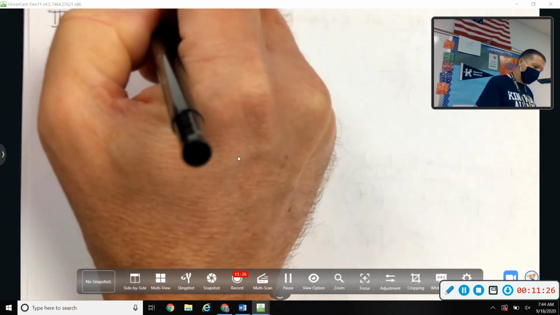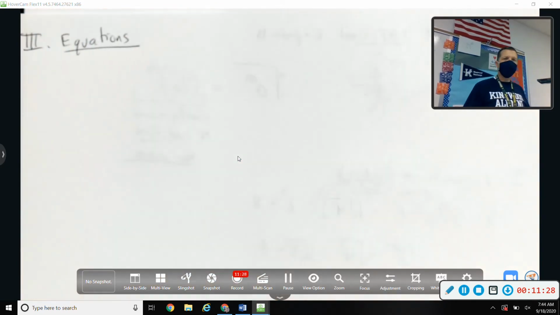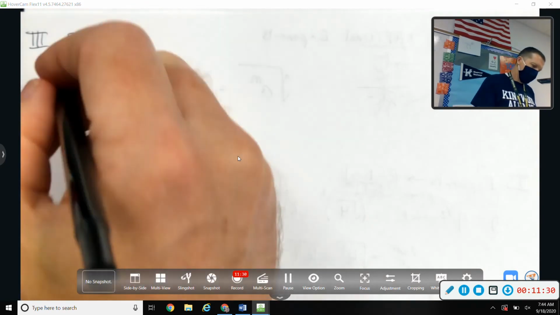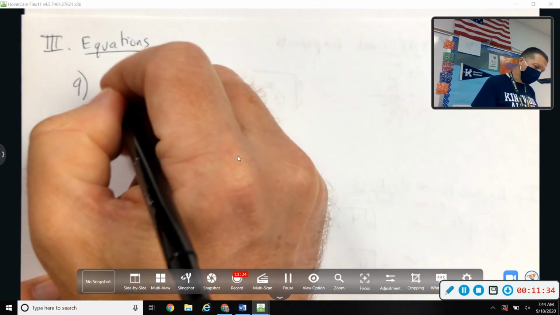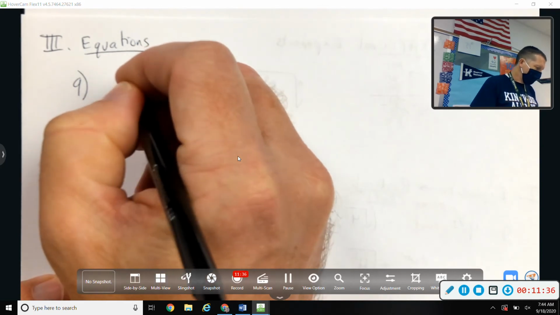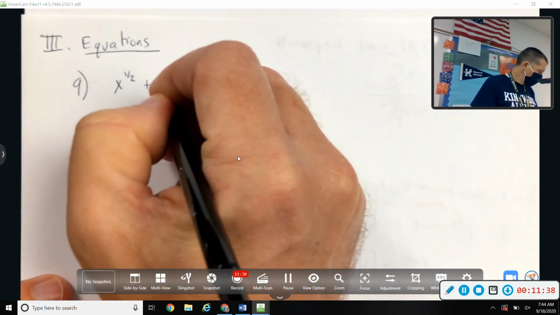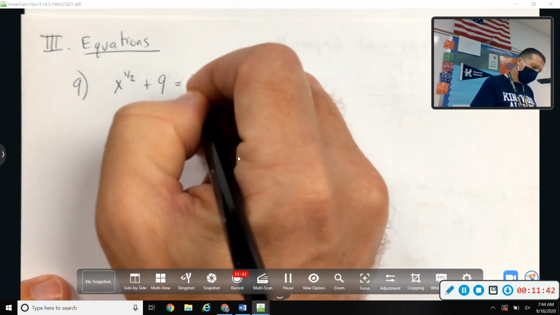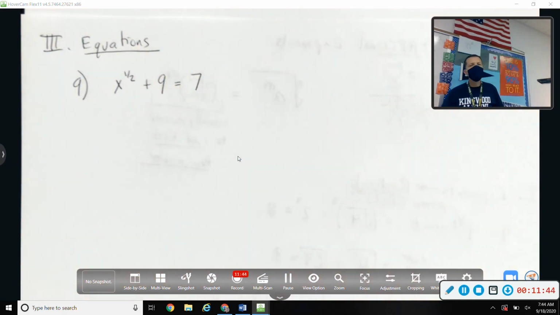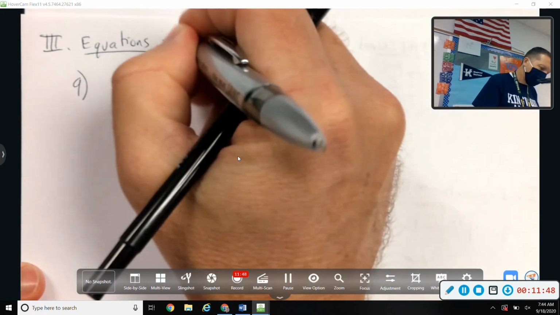All right, lastly, some equations. So there's not really anything new to learn, it's just we're going to work some examples together. X to the 1/2 plus 9 equals 7. May as well say it now.